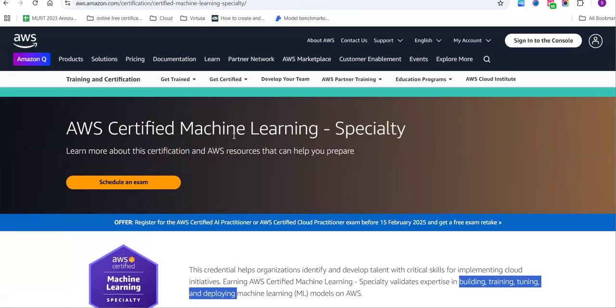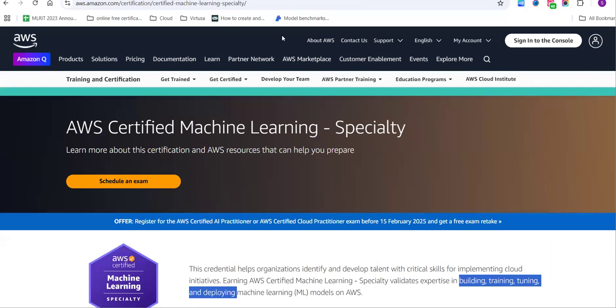So these are the major focus points related to this exam. All these concepts we need to understand.